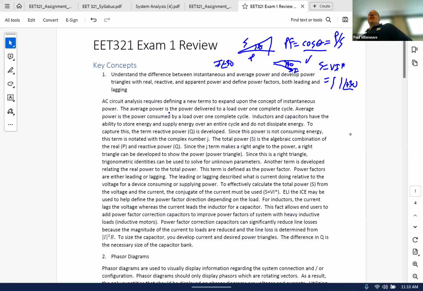The other nice thing is that you can use your power triangles to look at how to improve the power factor. If you have a poor power factor at a particular load, you can improve it. A poor power factor is usually a lagging power factor, because what we learned with transformer voltage regulation is that with more lagging power factors, the voltage drop was more significant.